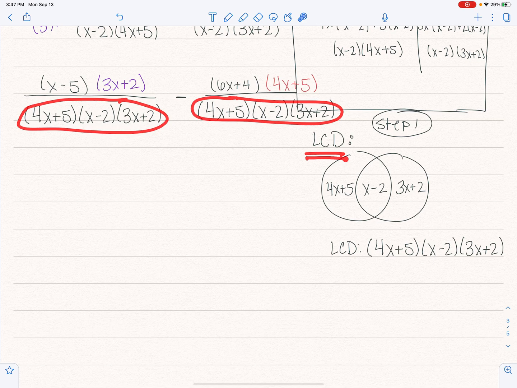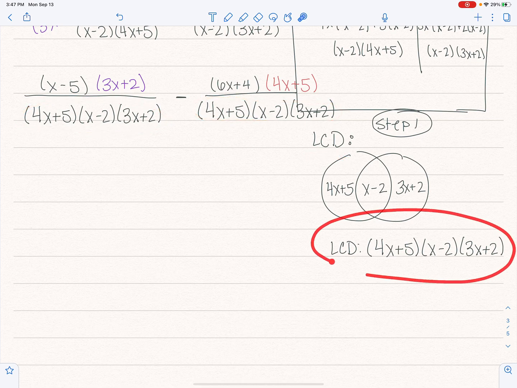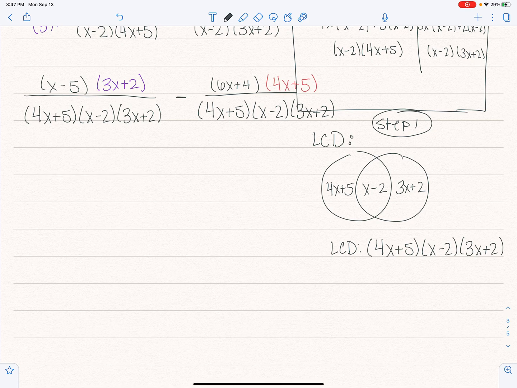Just know that wherever you see LCD, it actually means this whole thing should be in its place. But just for sake of time, I'm going to write this as all over the LCD, which are those three parentheses.